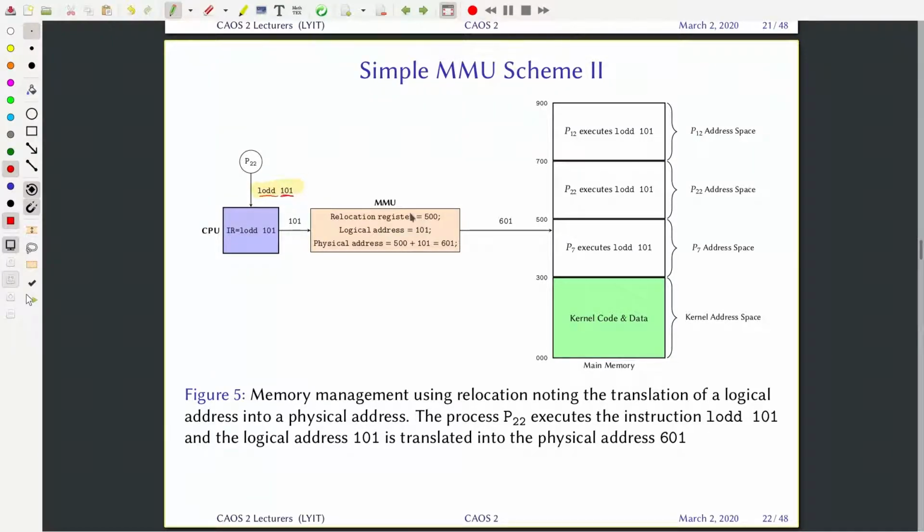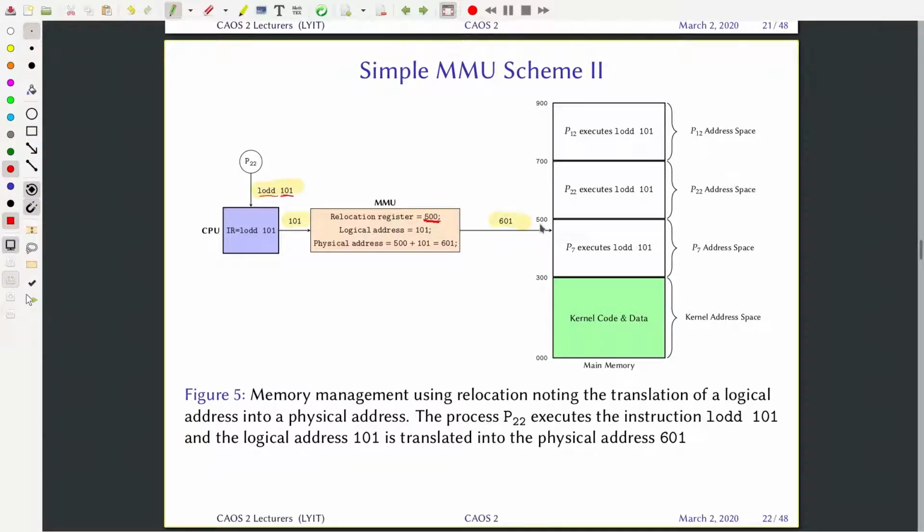So we can see that the MMU, as before, is responsible for taking the logical address and converting it into a physical address. So it does this in the same way as before. There is inside the memory management unit the relocation register, but the relocation register in this instance has a new value which is 500.